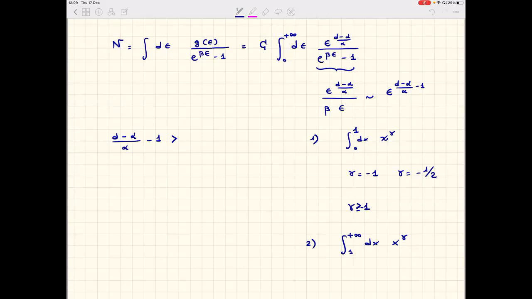This is not equal. This is actually smaller. So what is the condition for the convergence of this integral? It should be smaller than -1.